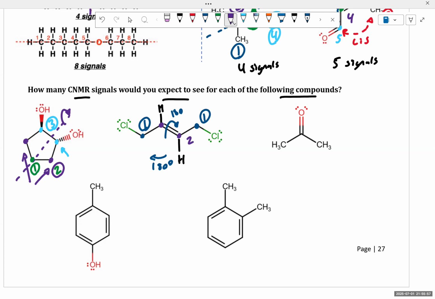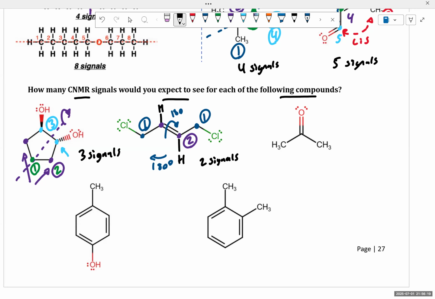Likewise, these two carbons are also equivalent via rotation, and thus we would expect to see two signals for this compound's carbon NMR spectra. So it's always important to check for axes of symmetry and rotation.